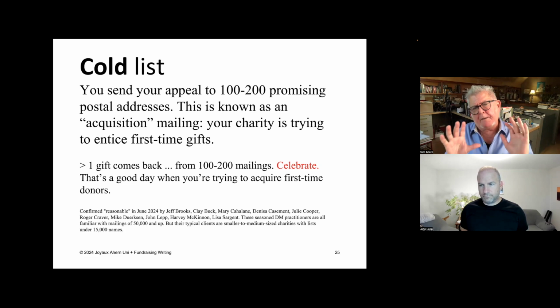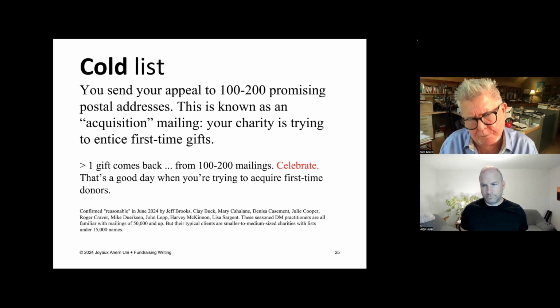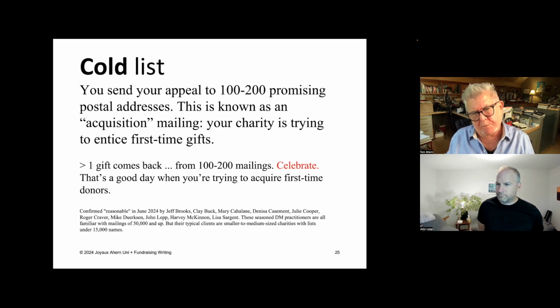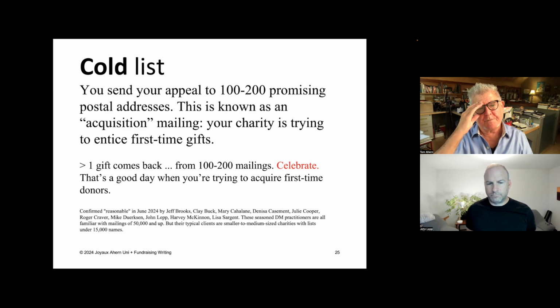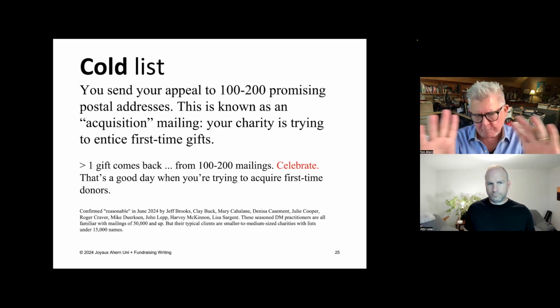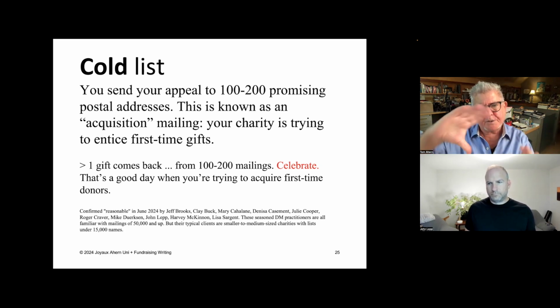Or they could be what has been called a lapsed donor because they gave at one time, but they haven't given within the last 12 to 18 months. And then the warm list are the people who have given within the last 12 to 18 months. Different groups of people completely in terms of how you talk to them and what you put in front of them, and far more important, what you can expect from them.